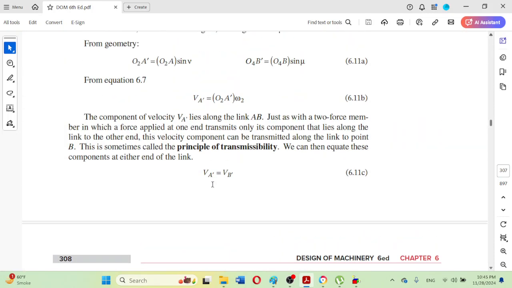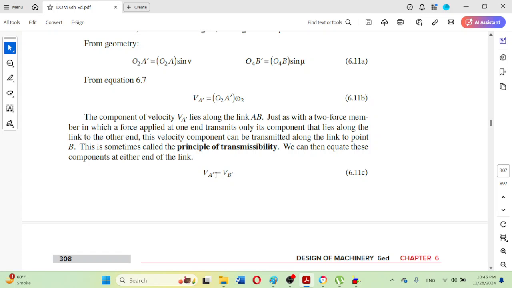Here we can observe that, as the author has stated, this component of velocity VA dash lies along the link AB, and only this component is actually transmitted.